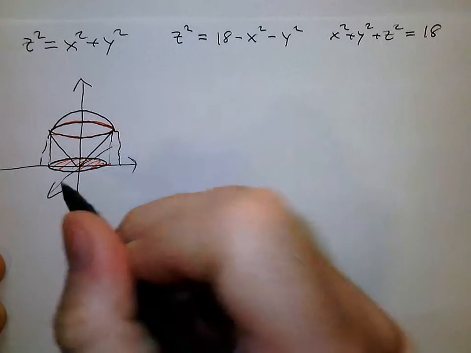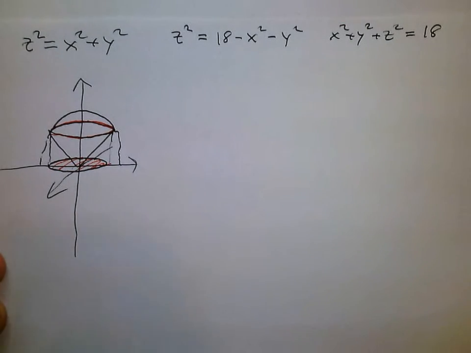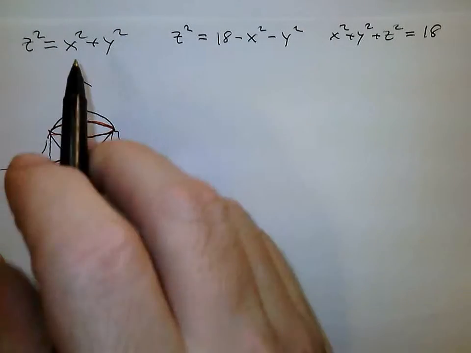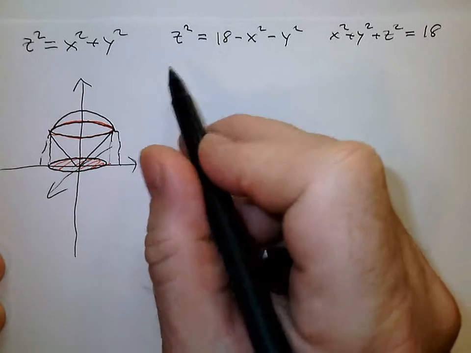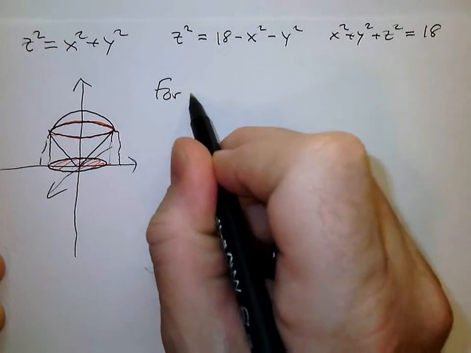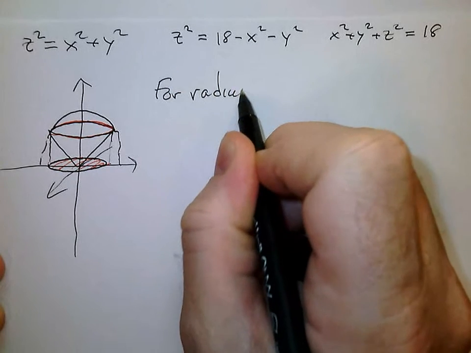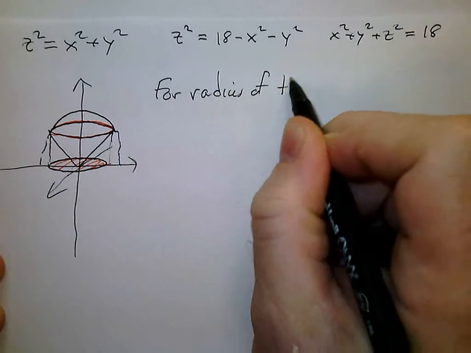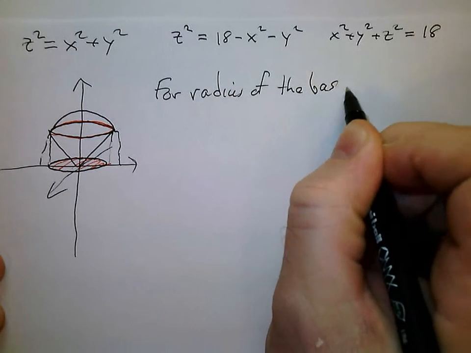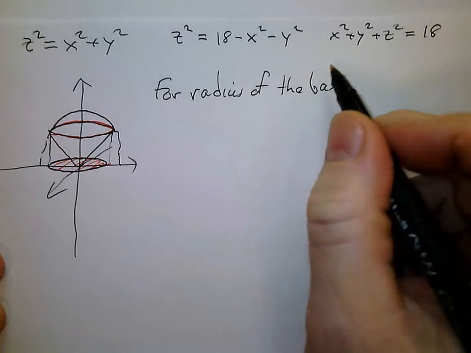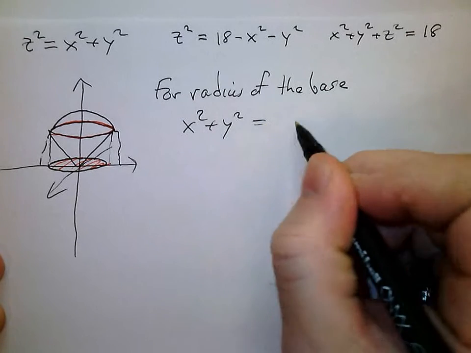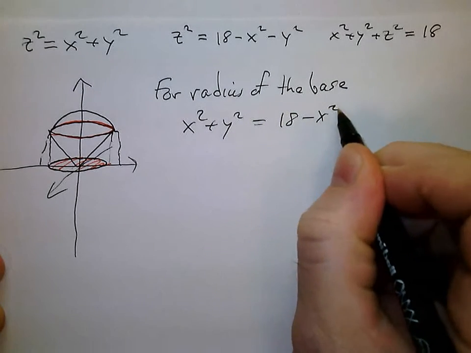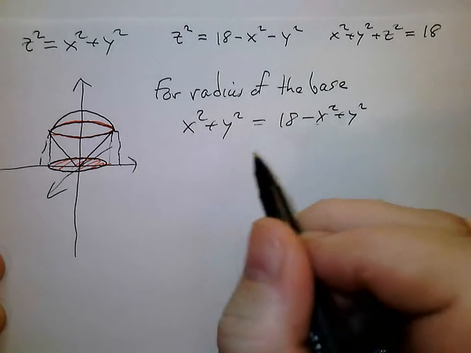So I want to find what this base is, and so these two intersect. So for the radius of the base, we have x squared plus y squared is 18 minus x squared plus y squared.